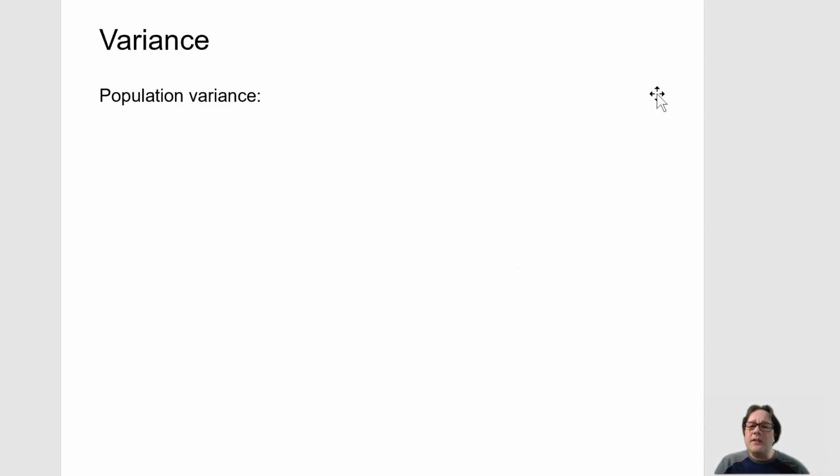So let's see this in action. The population variance, again, this term up here, let's break it down. We have the summation sign. So the sum of x scores minus the mean, squared. So what does that sound like? That's the formula for sums of squares, right?